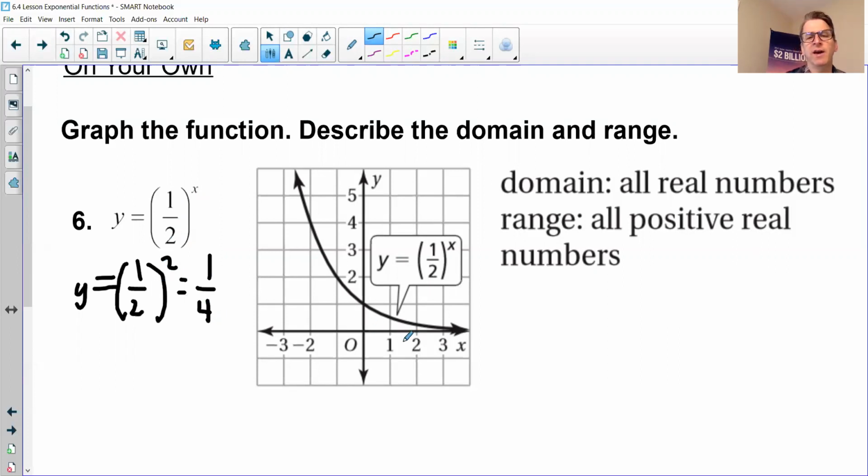As x gets larger, y is positive but gets very small: 1/4, then 1/8, and so forth. It gets extremely small. It doesn't go across the x-axis, but it gets smaller as you go further in the positive direction.